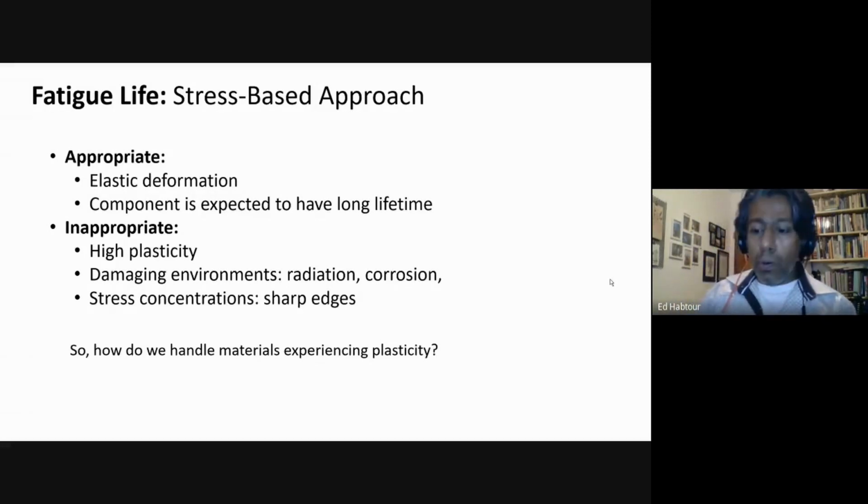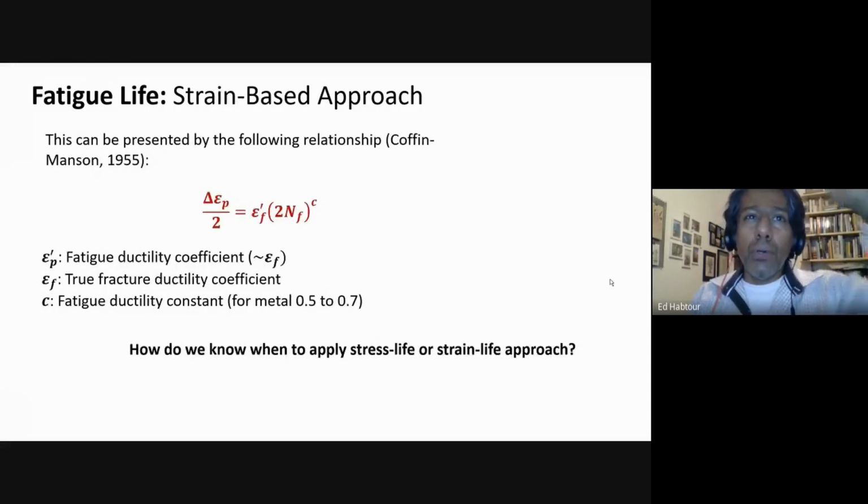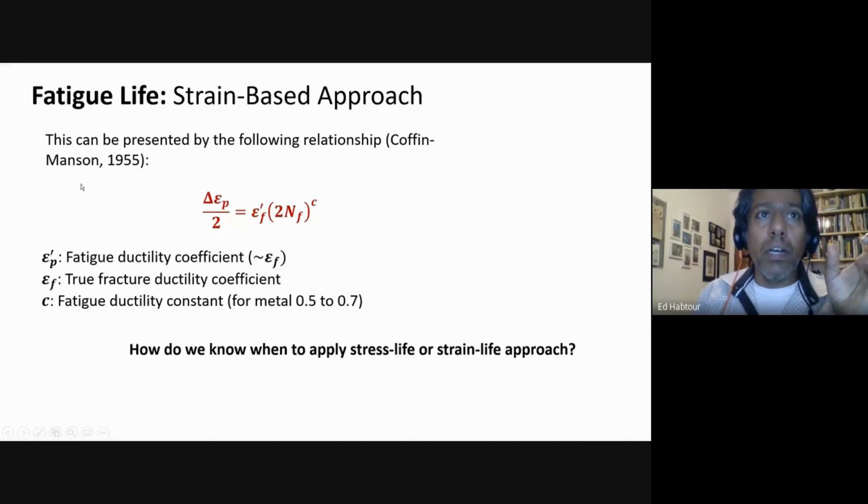All right, so now we move to, we talked about the stress approach. It's appropriate for elastic, but now if you have high plasticity, it's no longer valid. You have to include plasticity into the analysis, and that takes us to the Coffin-Manson relationship.